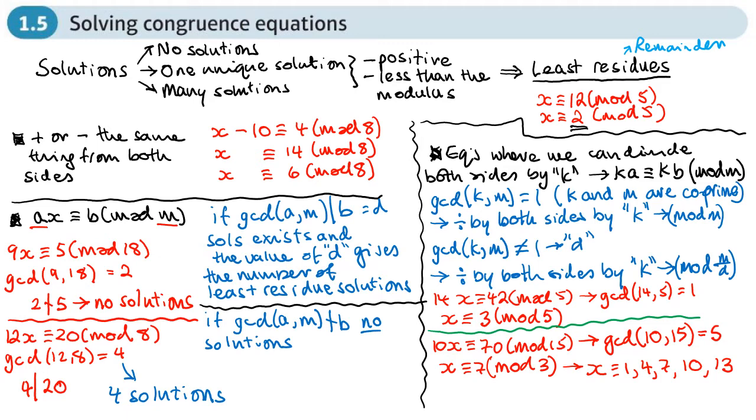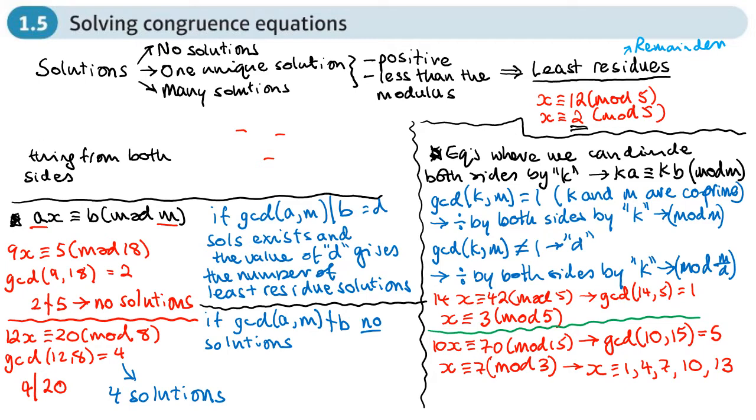Okay, so this leads us on to the last rule, or last thing that we can do with equations. We've looked at adding and subtracting, we've looked at dividing both sides.